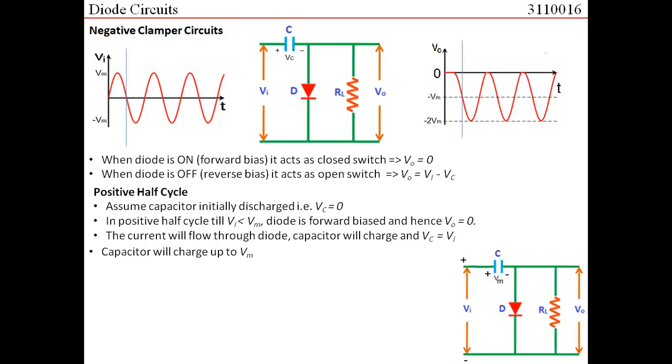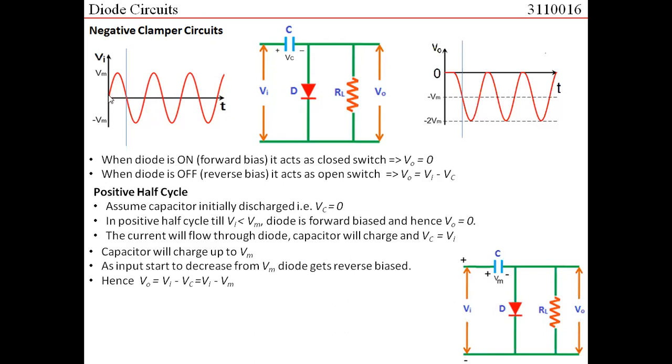After this, what happens is that the input voltage is now decreasing. Input voltage is becoming less than Vm, but the voltage across the capacitor is equal to Vm. So the voltage which is available at the P terminal is now minus Vm, and at the N terminal you have voltages which are higher than minus Vm. So what would happen is that the diode would immediately go into a reverse bias state.